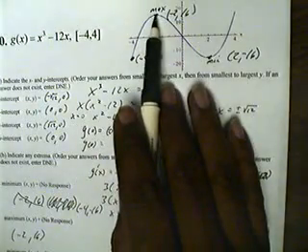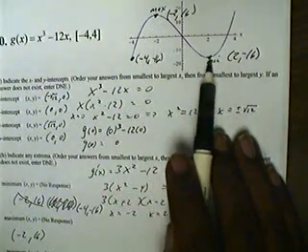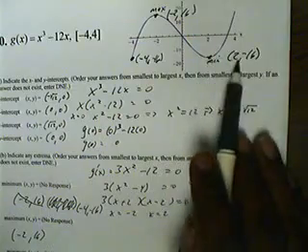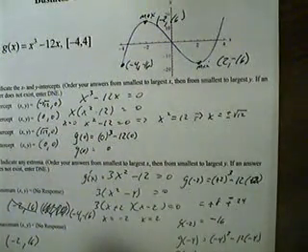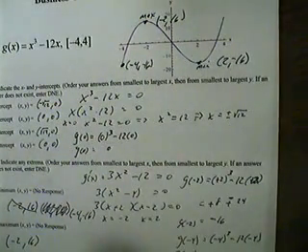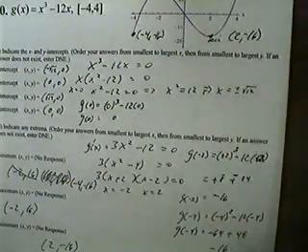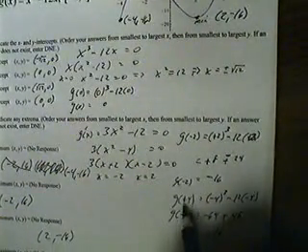Then my maximum here is 216. Then my next min is down here, which is -16. Let's put that here. And then another max, which is right there. That's where x is 4. So let's put 4 into the function g.